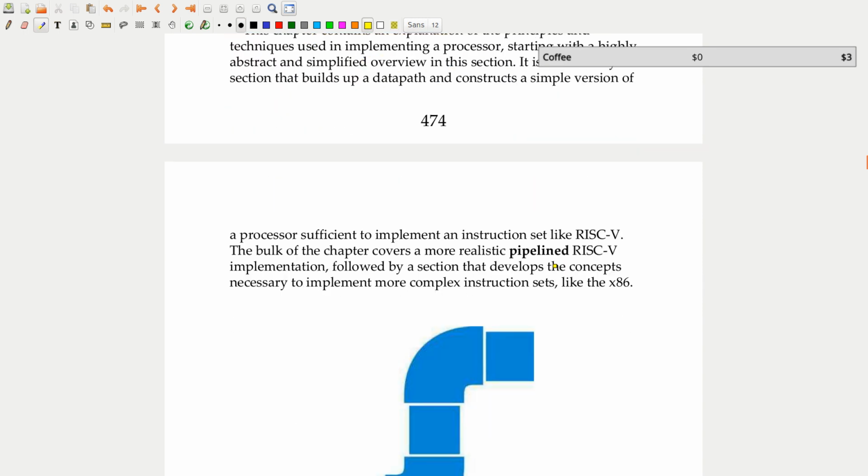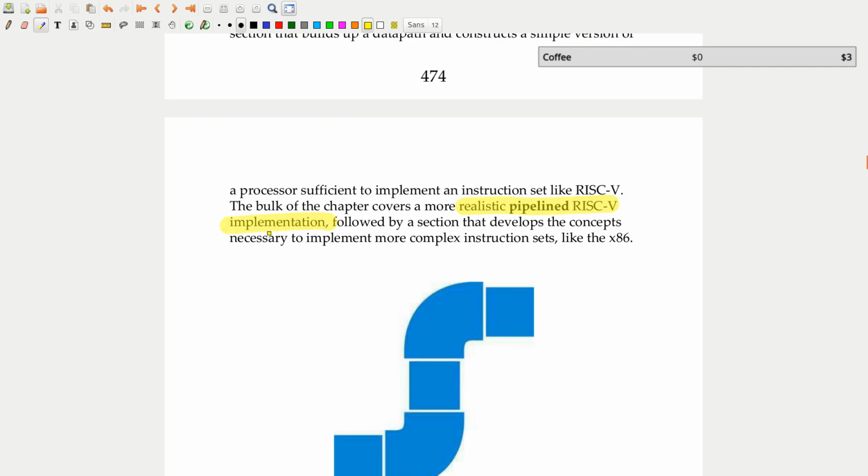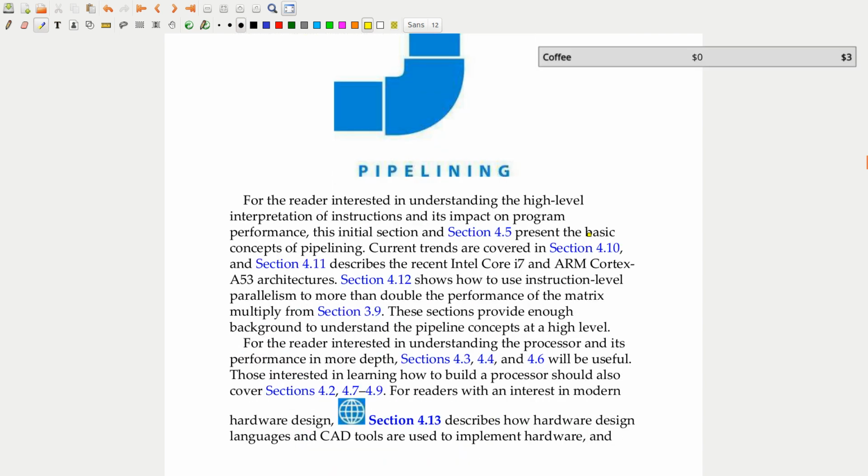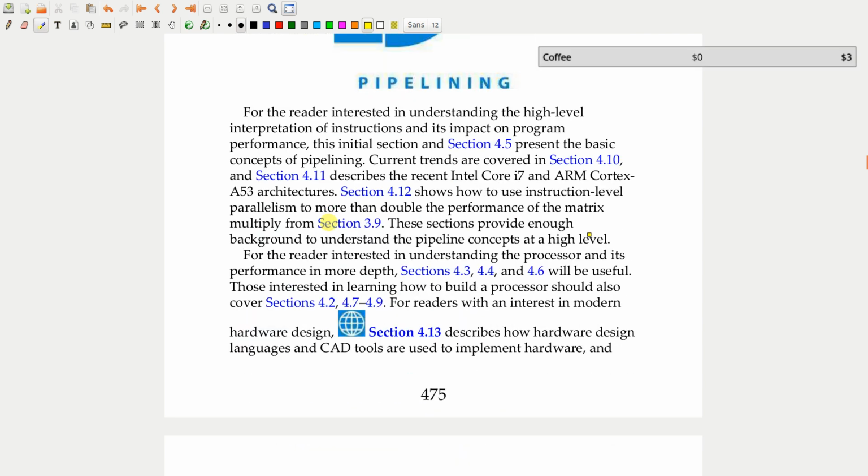Okay. So we'll, of course, look at a more realistic pipelined RISC-V implementation. And then we'll have the necessary background after this to at least understand how things like the x86 architecture work.